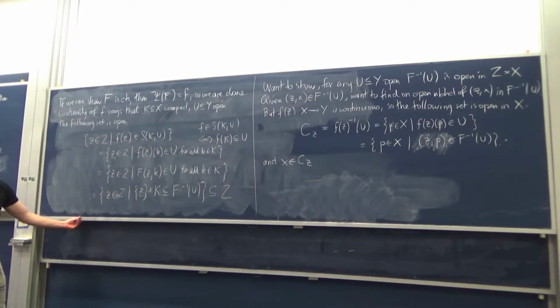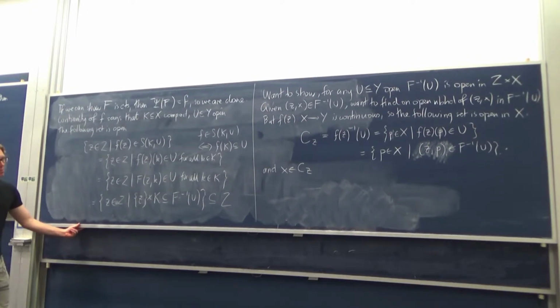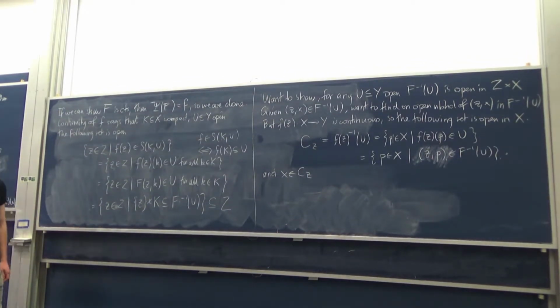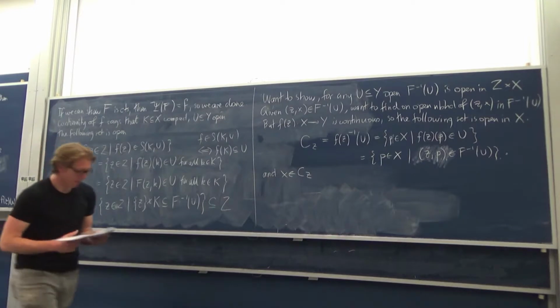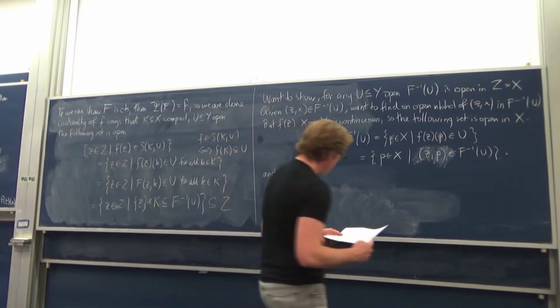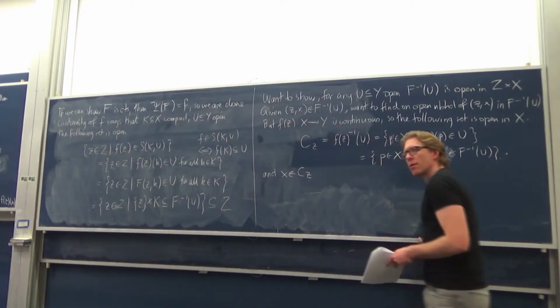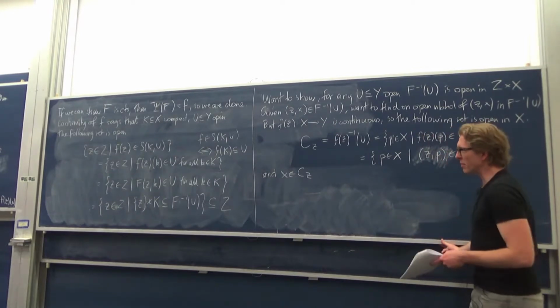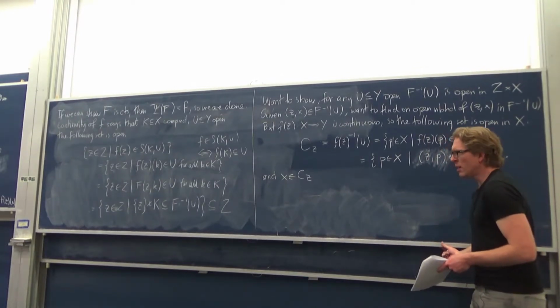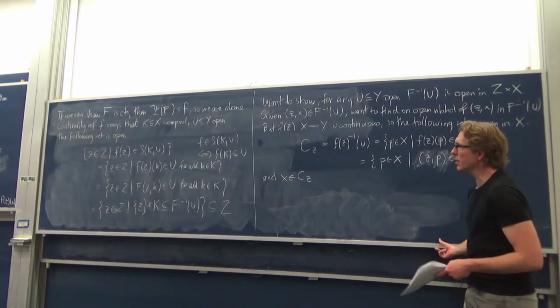So that's an open neighborhood of x in capital X. Okay, so far we didn't really do anything, we just wrote down what we know. Now is when we have to actually start thinking.